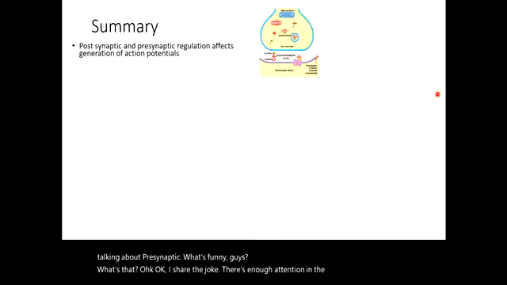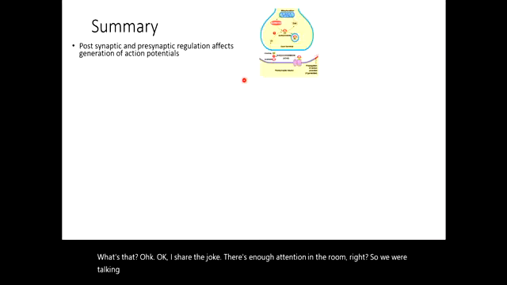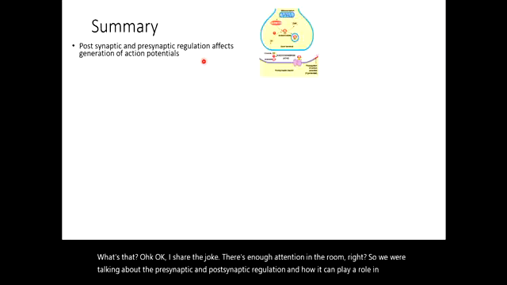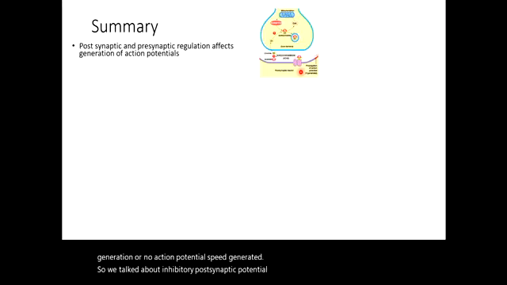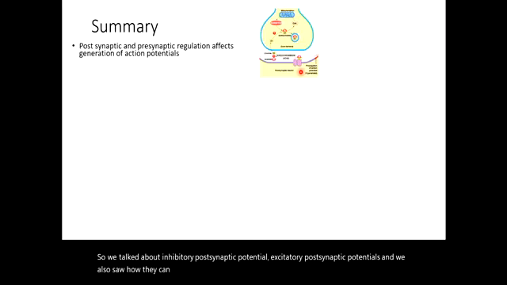All right, so we were talking about the presynaptic and postsynaptic regulation and how it can play a role in the generation or no generation of action potentials. So we talked about inhibitory postsynaptic potentials, excitatory postsynaptic potentials, and we also saw how there can be a regulation at the axo-axonic synapses as well.